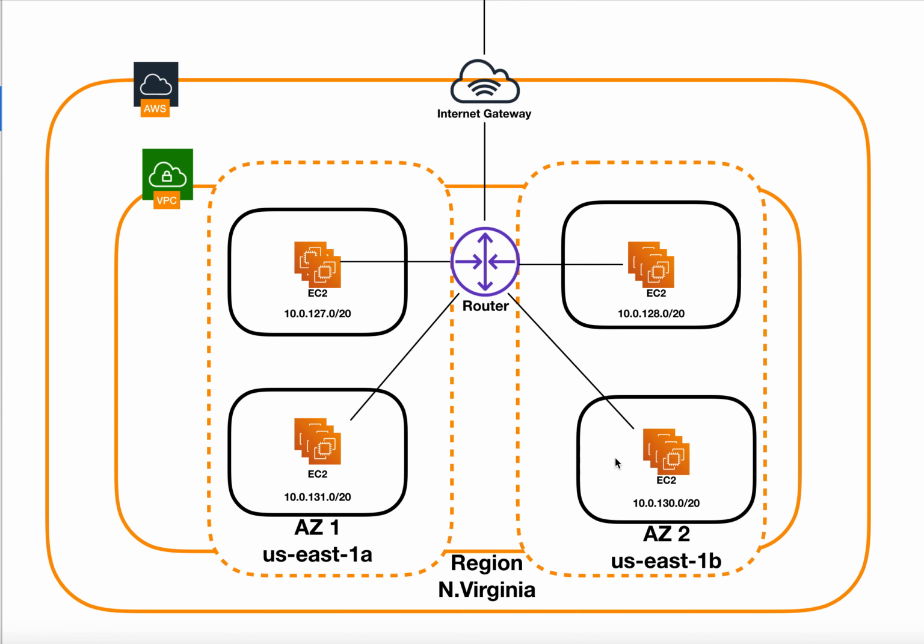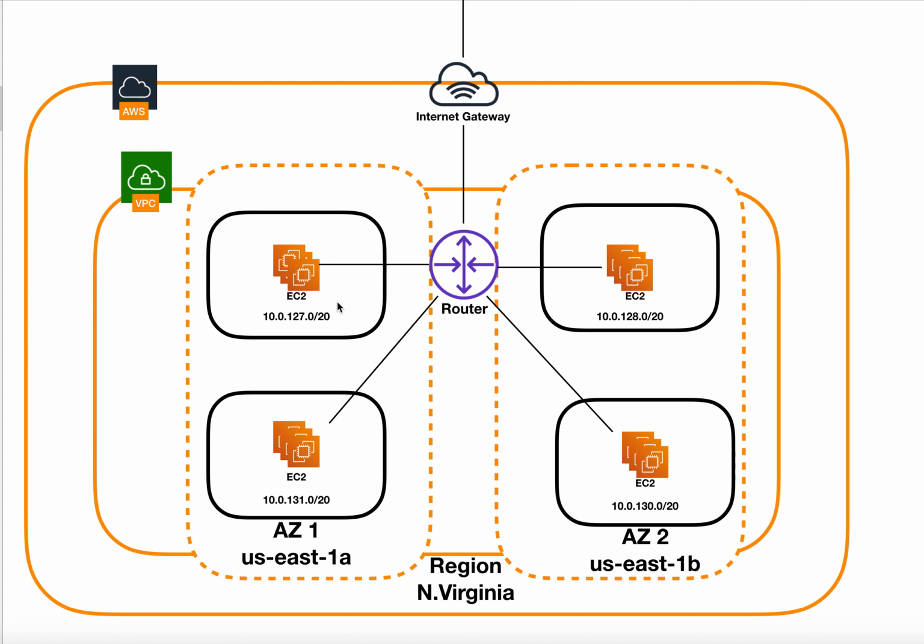multiple subnets. When you split your network into further subnets, you have control over which subnet can talk to which subnet, and you can make that all through the router here.